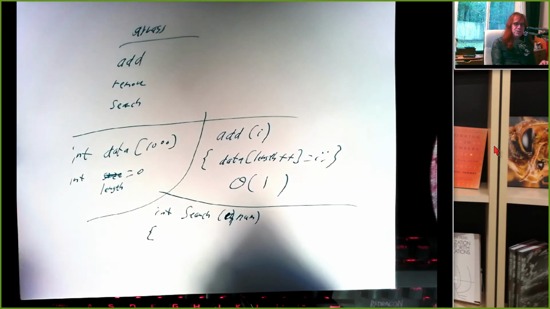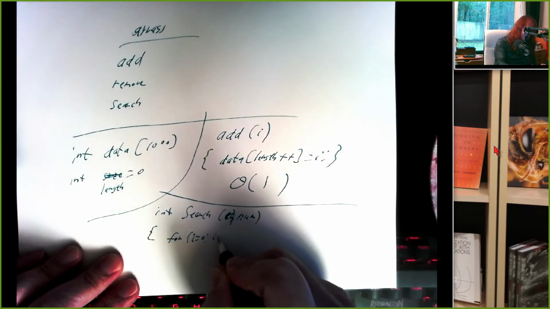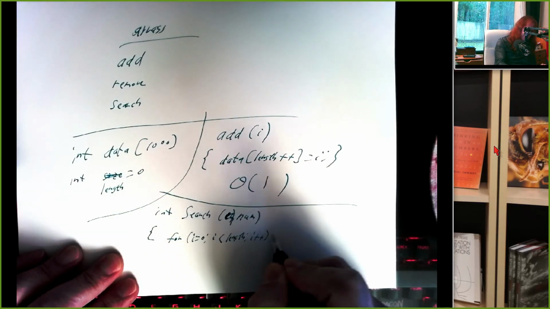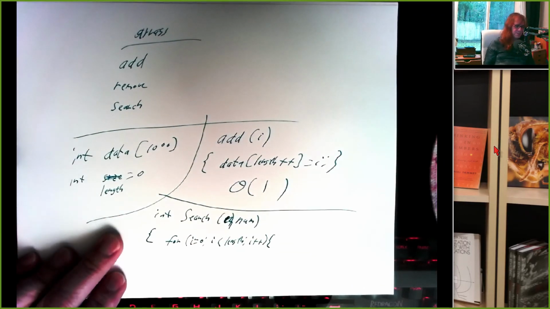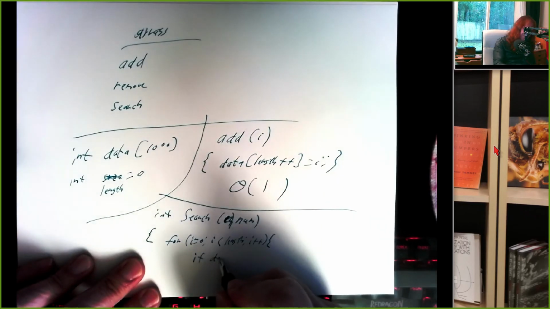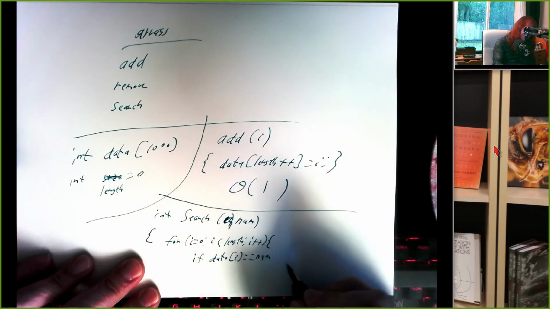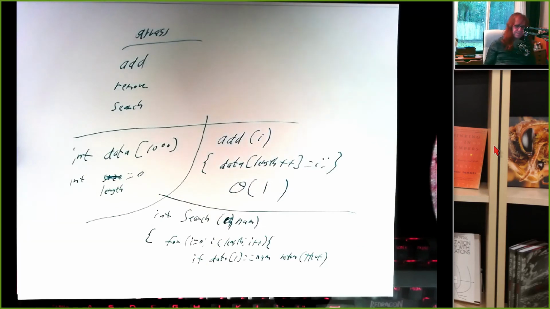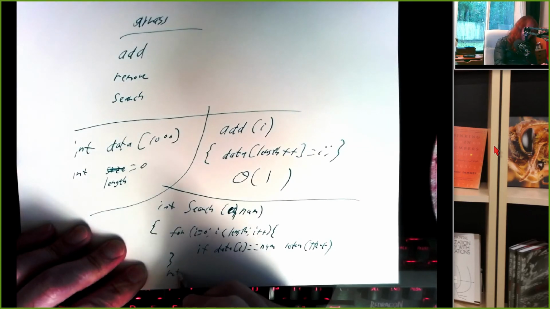Well, there's only really one way to do this, which is to make a loop. So I'll iterate from I equals 0 to length minus 1, and I'll say if data[I] matches our number, let's return true. If I go all the way through my loop and I haven't found my number, I'll return false.